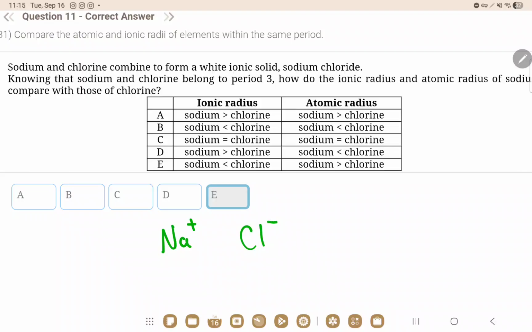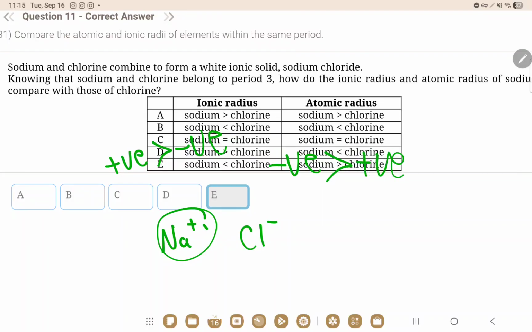Now, look, when we have Na plus, it means we have one extra proton. So when you have one extra proton, you have more protons to pull in more electrons. So you have a greater positive than negative. But in Cl minus, you have a greater negative than positive.